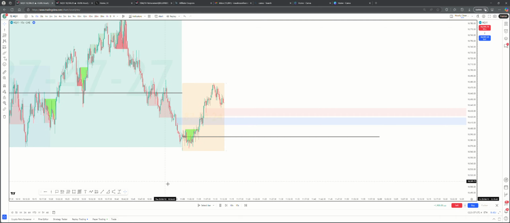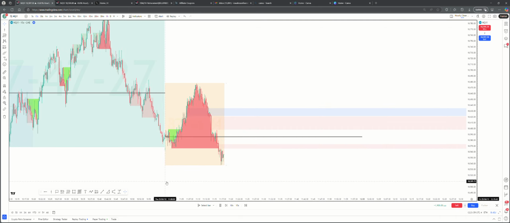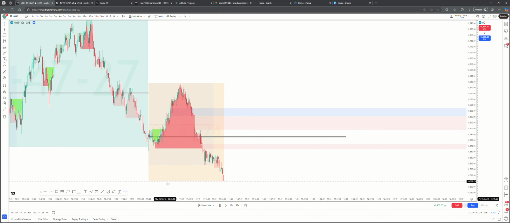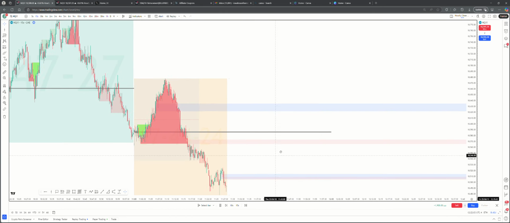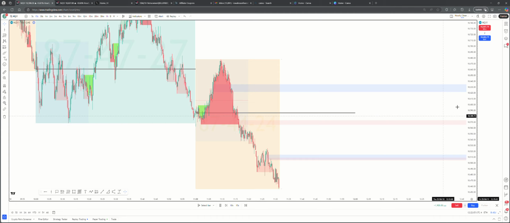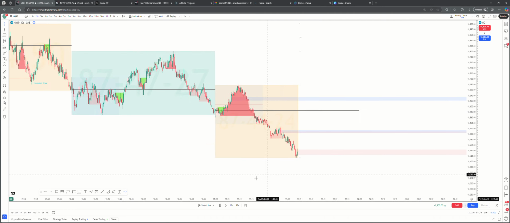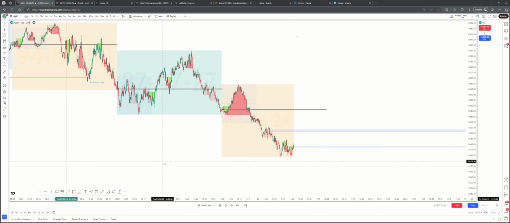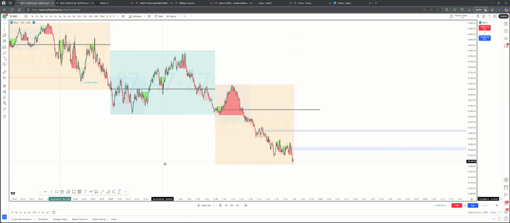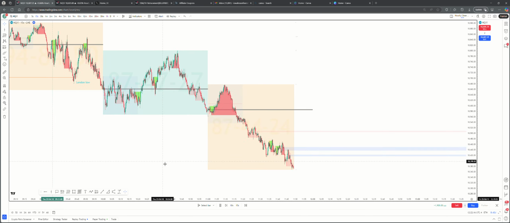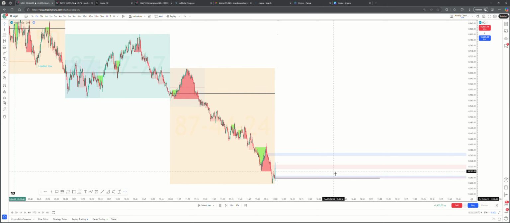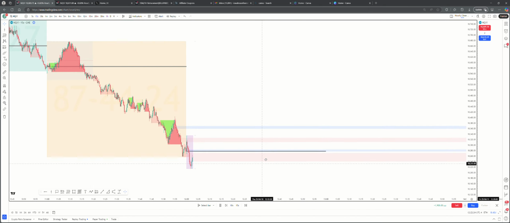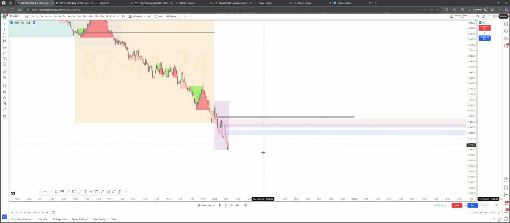That's why I like the 15-minute retracement, just to get a little bit more action. Okay, we got a breach.